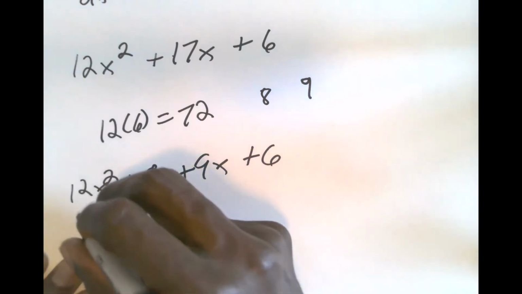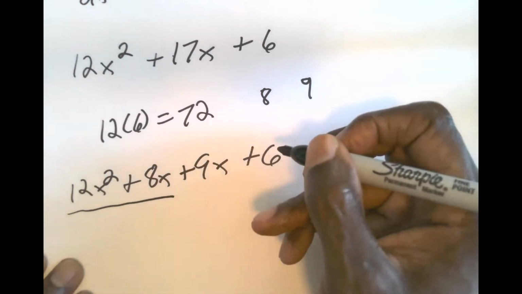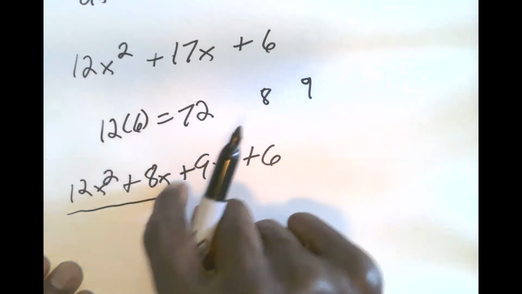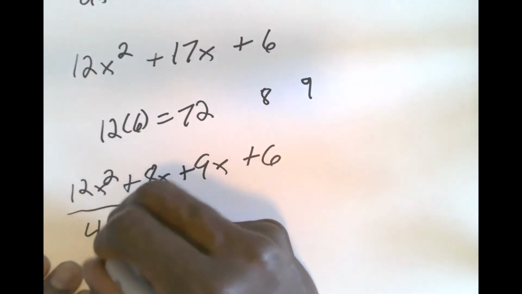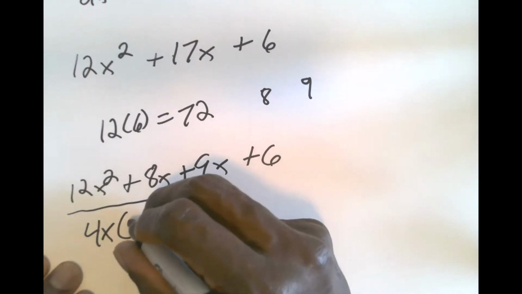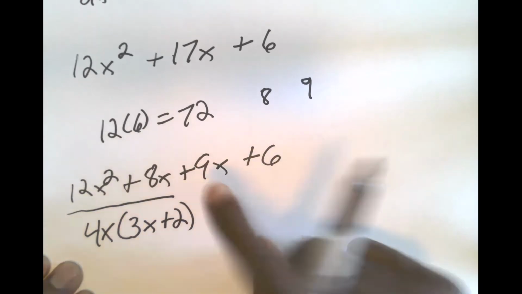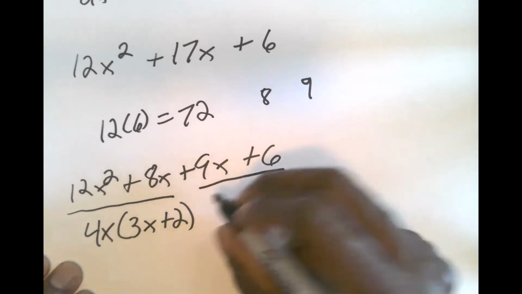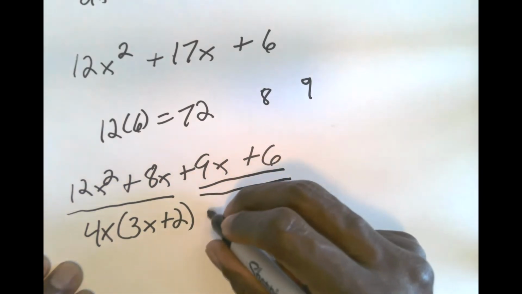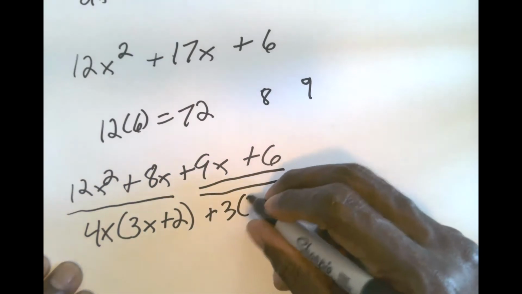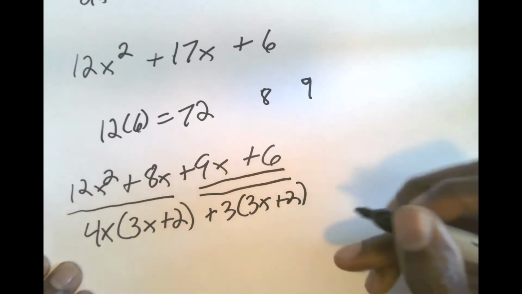What that means is I'll look at these two terms and factor out what's common to both of them. That would be a 4x. I'll factor out a 4x, and that'll leave me with 3x plus 2. And I look at these two and see what's common to these two, and that would just be 3. So I can take out a 3, and that'll leave me with 3x plus 2.